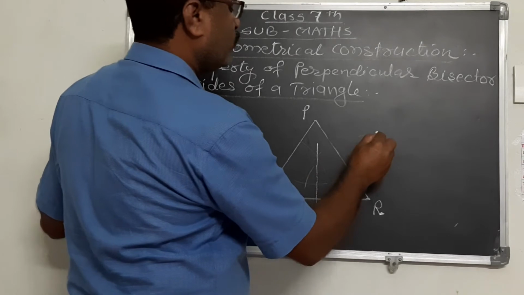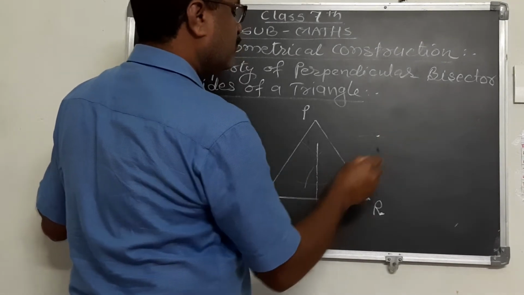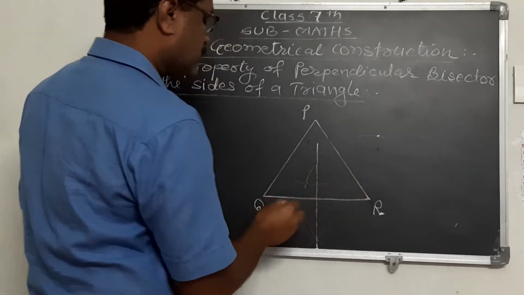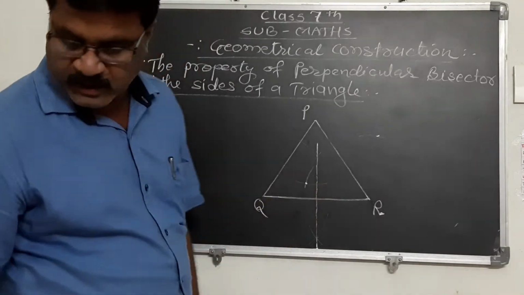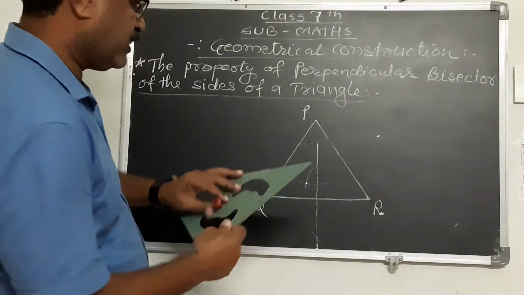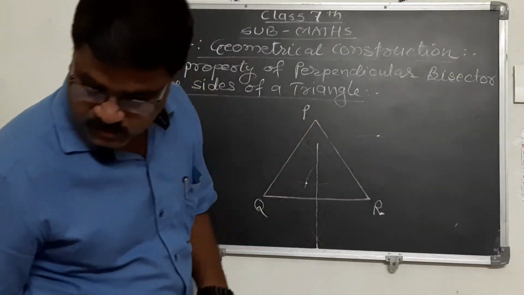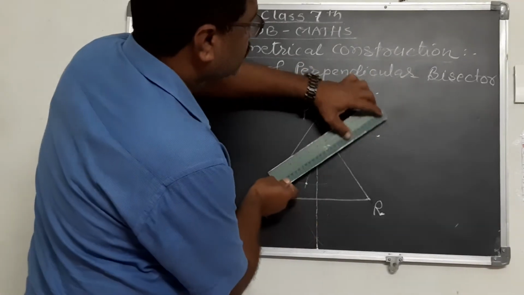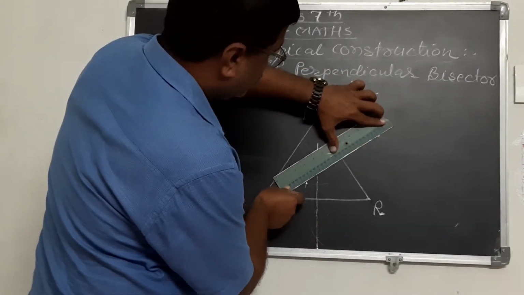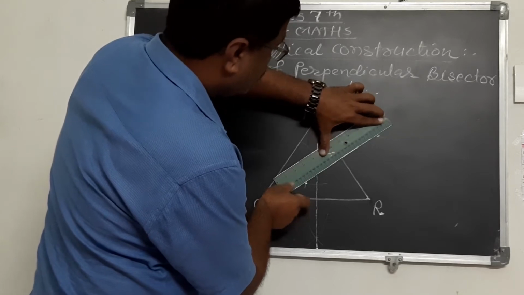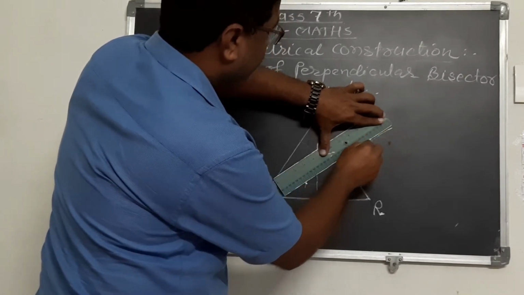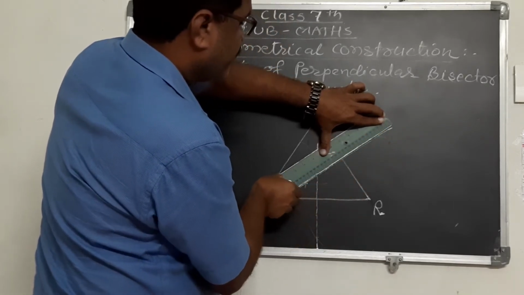We find the points of these two curves and join them with the help of a scale. So this is another perpendicular bisector, of side PR.